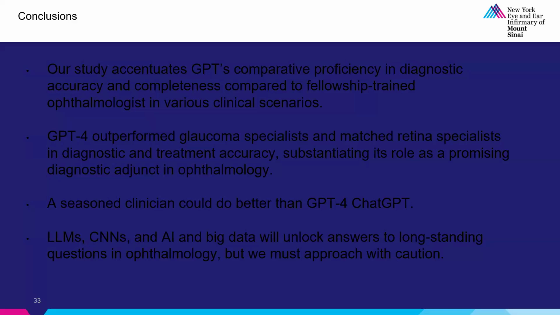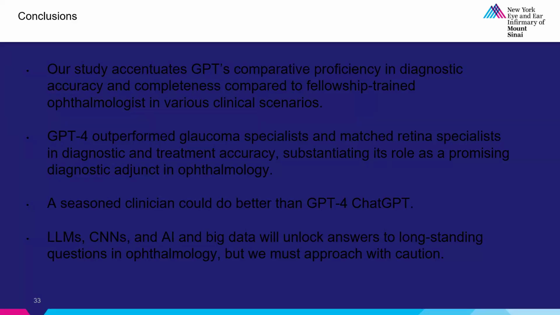Large language models, CNNs, artificial intelligence, and big data are ultimately going to be the key to unlocking the long-standing questions we have in ophthalmology, whether it be screening for early glaucoma, understanding and predicting OCTA and ROTA, or genetic risk scores. Large language models are one of the big keys for deciphering all the convoluted data that we have.